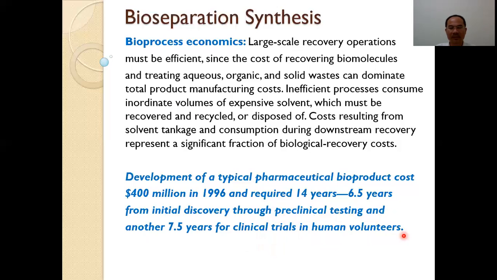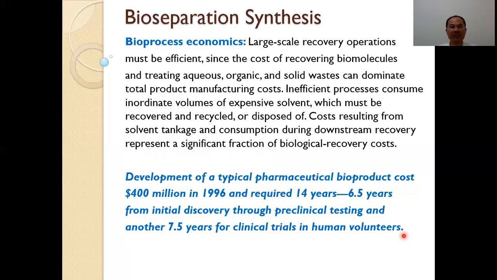Yes, we can discover the vaccine, but you have to wait until the preclinical test is okay, and then test in the clinical test with human volunteers. After the clinical test gives a good result, we can produce it for the world, for the people. We can use the vaccine for COVID-19.